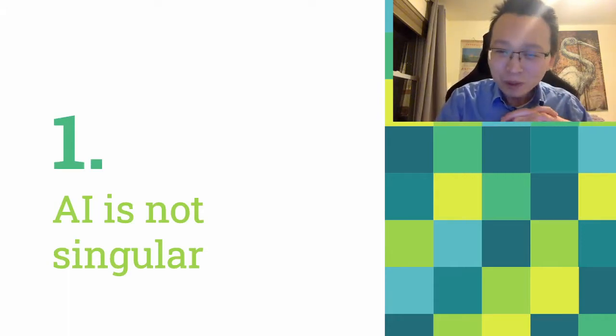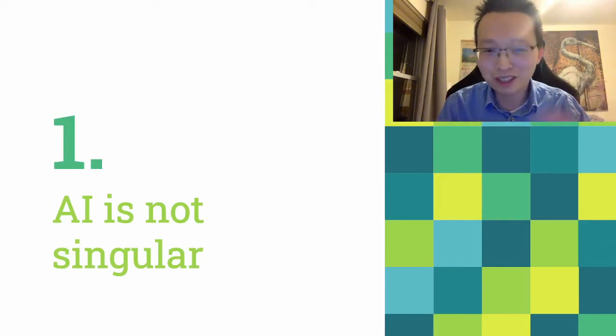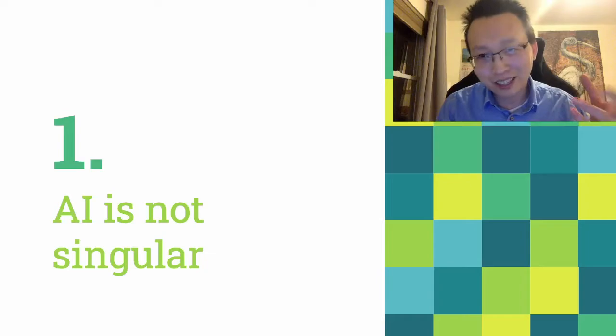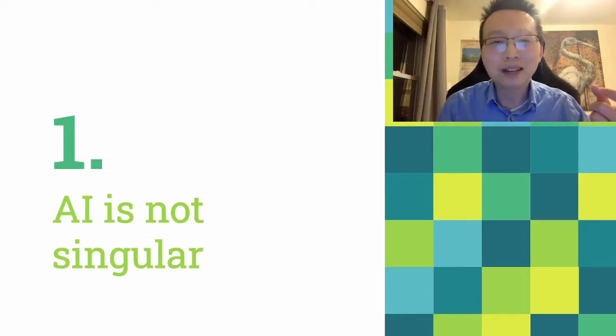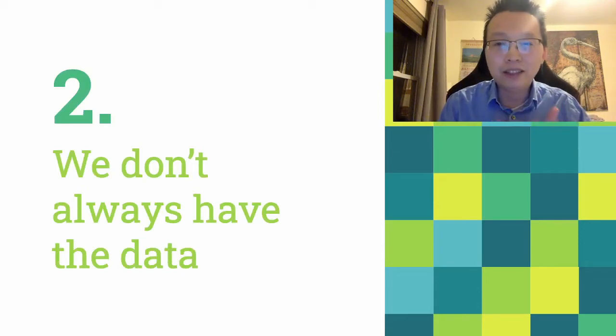So for this model, I'm in a very awkward position, and I mentioned that I can't check it, which leads to my next point: we don't always have the data to check to see if there is bias.